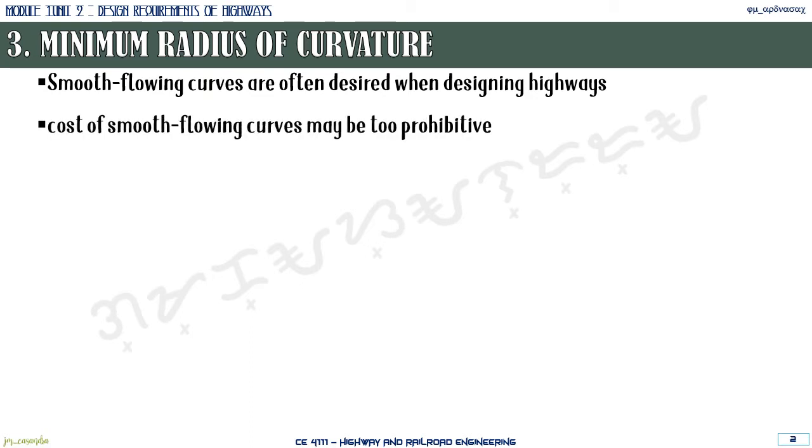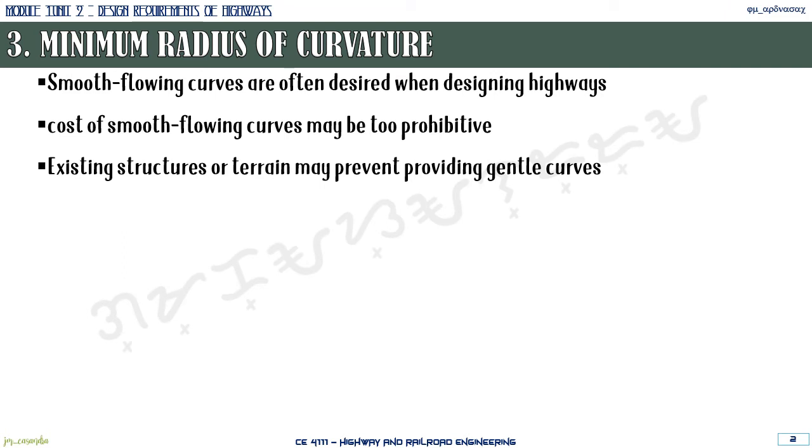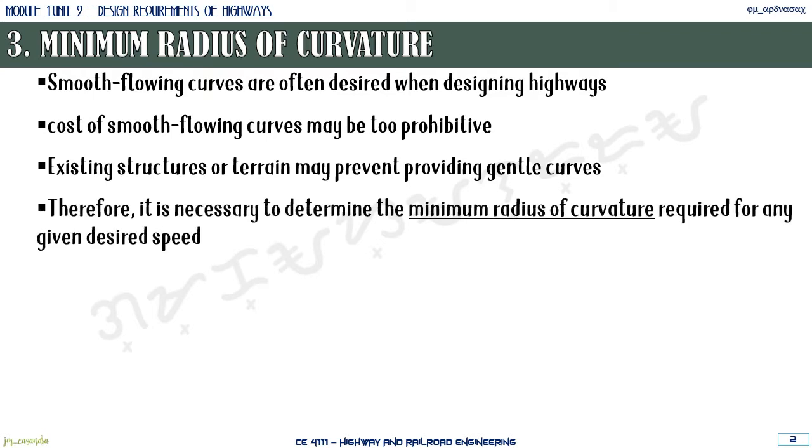Though the cost of smooth flowing curves will be too prohibitive as this is very expensive. Existing structures or terrain will now prevent the design of gentle curves in our highway sections.